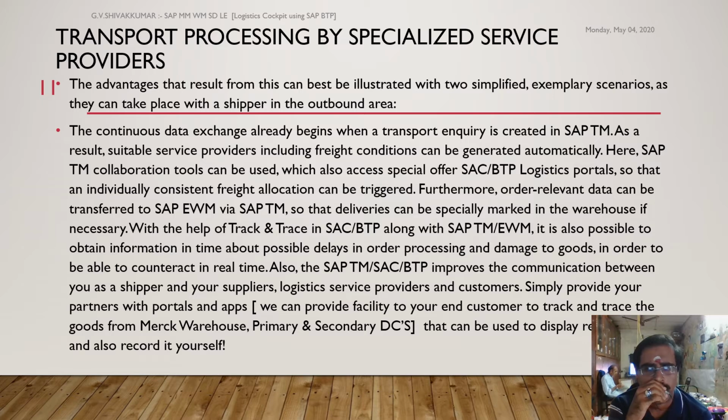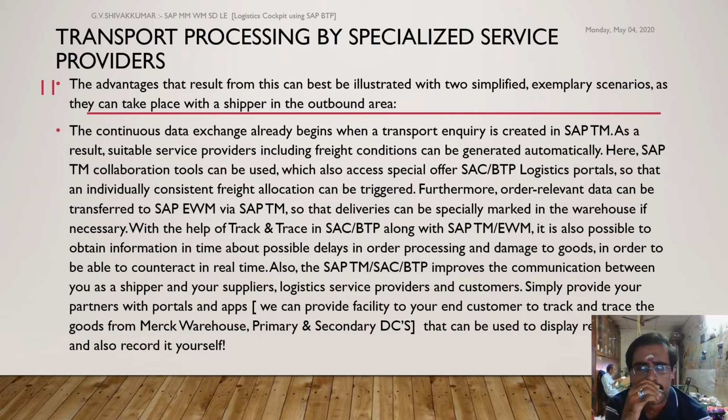Right here, SAP TM collaboration tools can be used, which also access special offerings, that is SAP BTP, SAC, BTP logistics portal, so that an individual, consistent freight allocation can be triggered. So all the freights can be properly scheduled, and consistent availability of material with the freight is triggered.